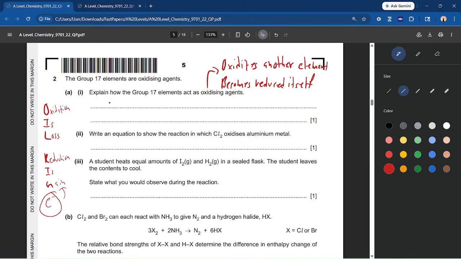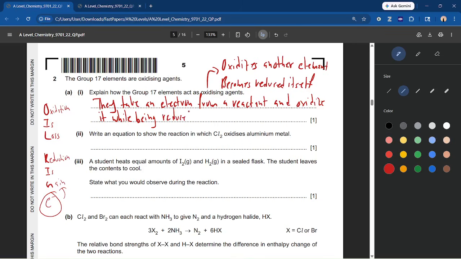So explain how group 17 elements act as oxidizing agents. So you're just going to mention the definition of an oxidizing agent, which is they take an electron from a reactant, and oxidize it while being reduced themselves.